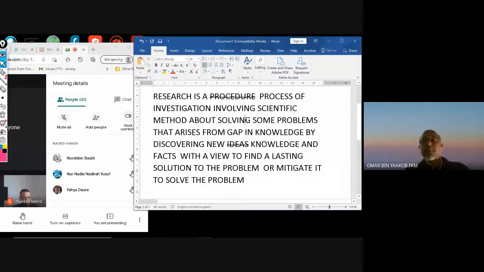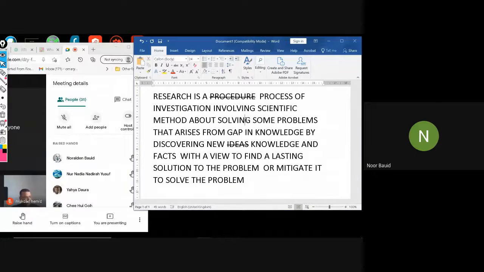Yes, about solving some problems. As we discussed in the previous class, research can be conducted for generating new ideas, like what NASA is doing right now on Mars. It discovers new things. It shouldn't be only solving problems. That is interesting.